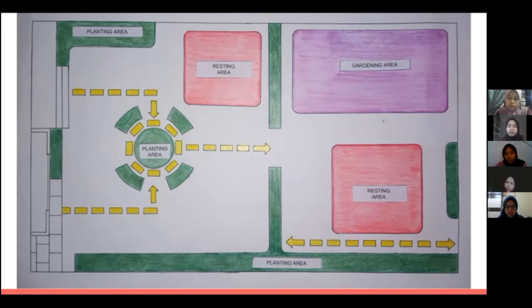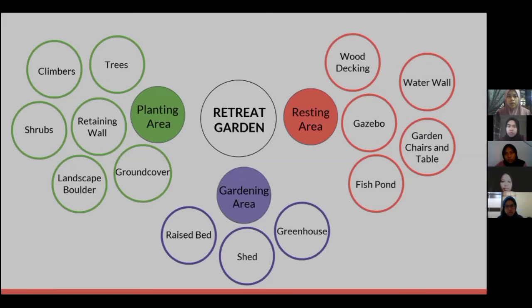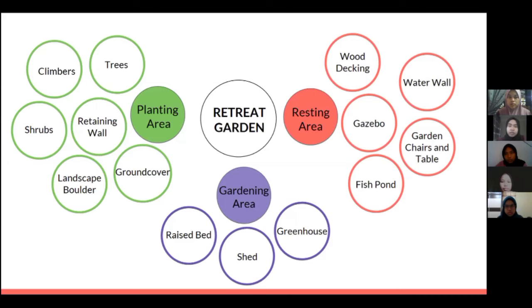So our retreat garden will have a planting area, gardening area, and resting area. These features are going to be explained in detail by my friend Munira.